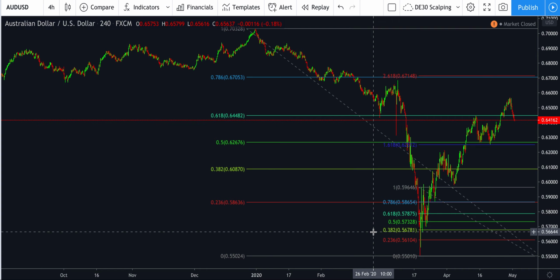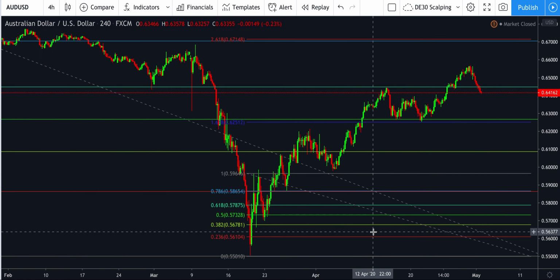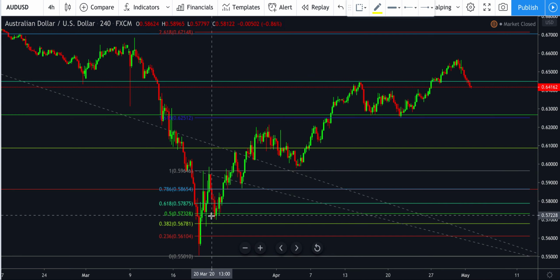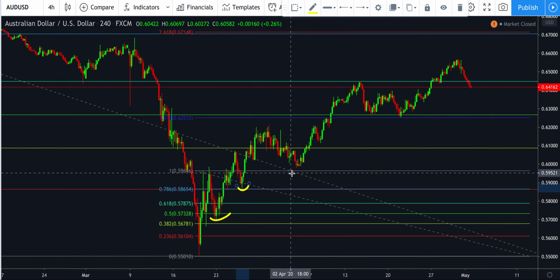Okay, so after this downtrend, we've had price making new highs, and so we've had a corrective structure and price making new highs.